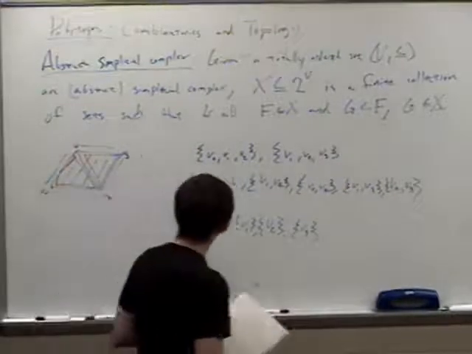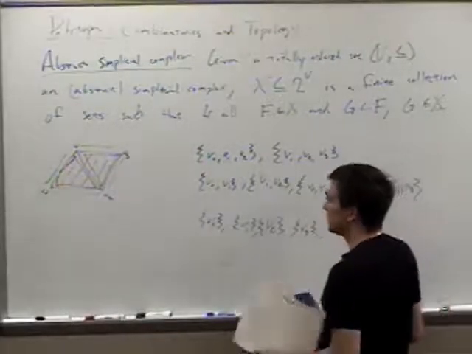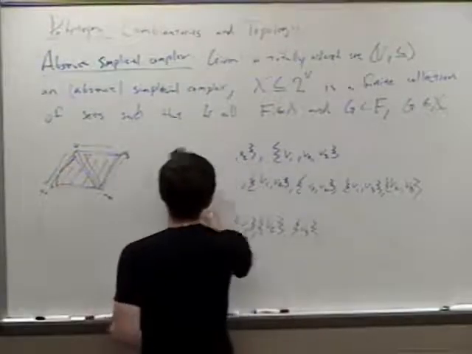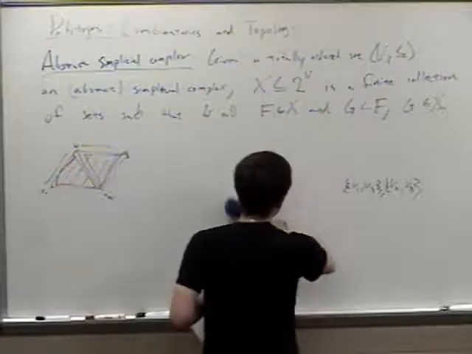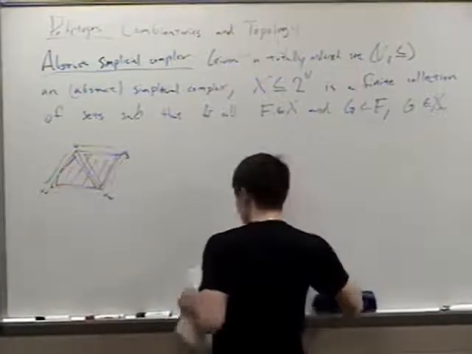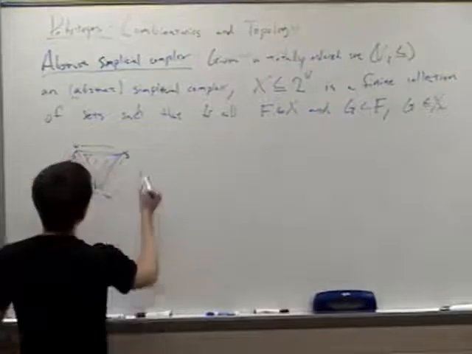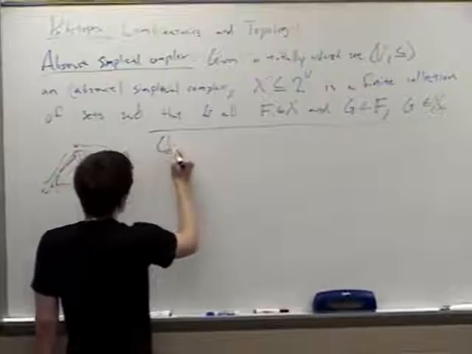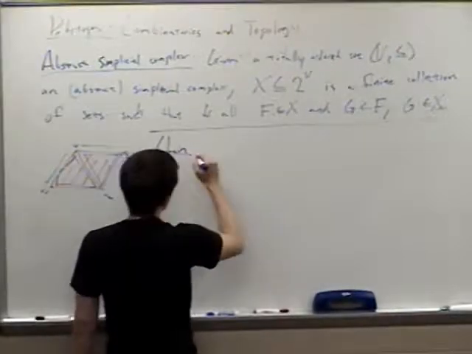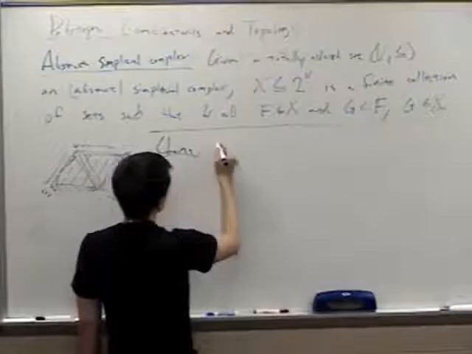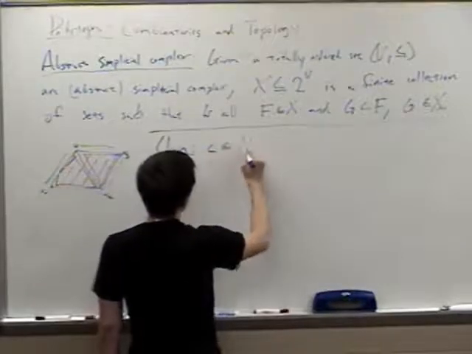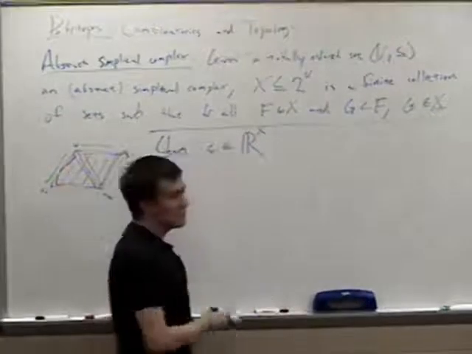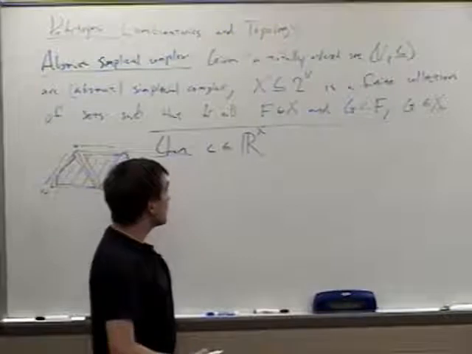So one way to keep track of these values is with a concept called a chain complex, or a chain, right? So here's sort of the simple idea behind a chain. A chain is just a function, we'll say some c, in the space of real valued functions on the complex X. All right, so we'll basically say that for every cell in X, it assigns some value.